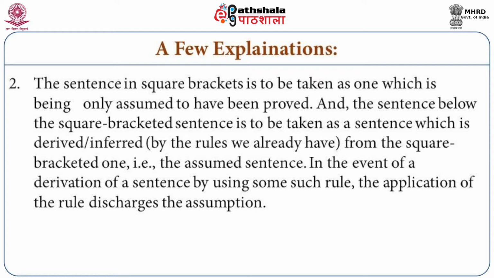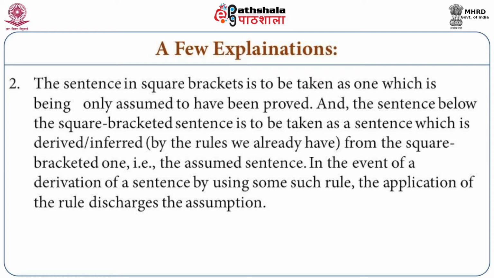So let us look at the disjunction, where we eliminated a disjunction. We are assuming that if A is true, we can derive C, and also for another sentence B, we are assuming the truth of B, and then we can derive C from this.